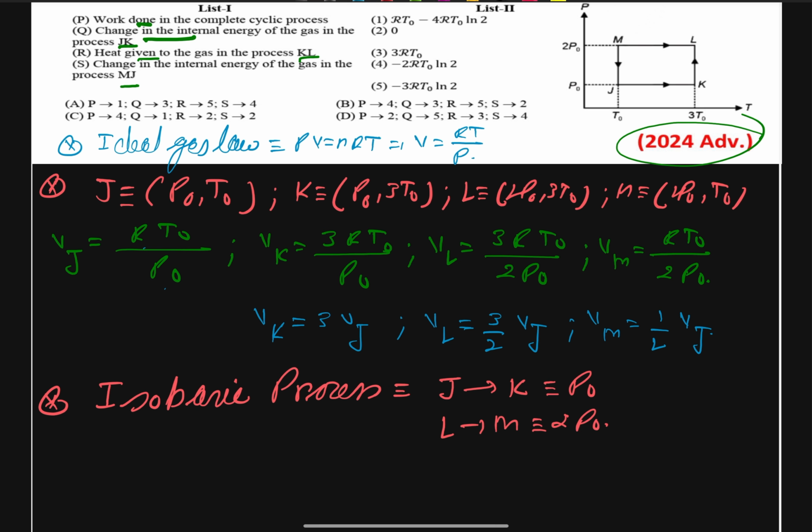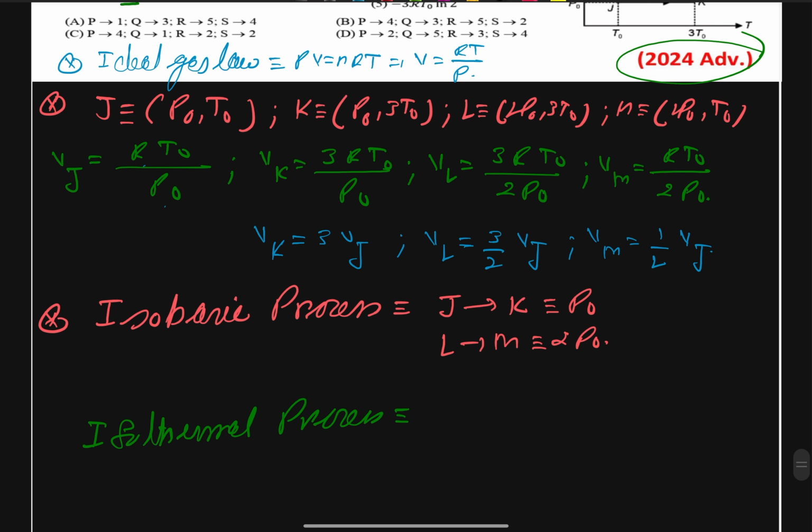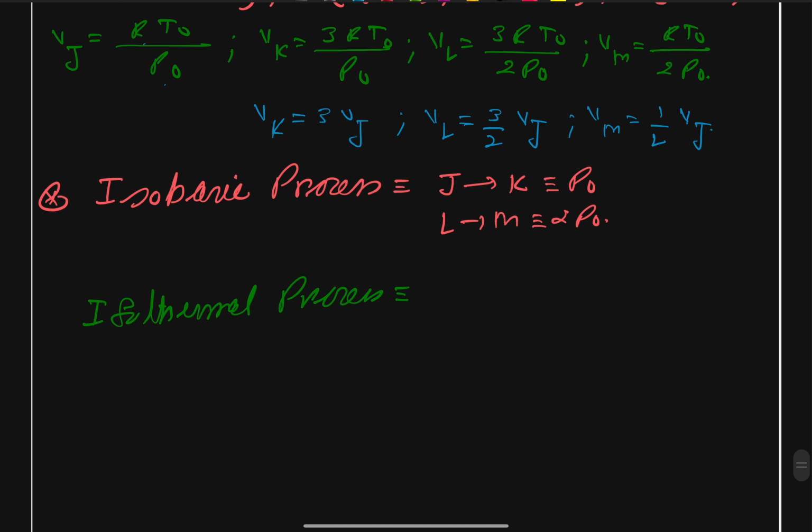Then we will have isothermal, from K to L, where temperature is 3 T naught, and finally M to J, where temperature is T naught.